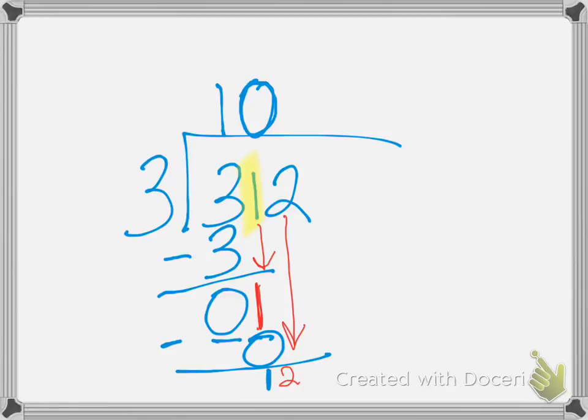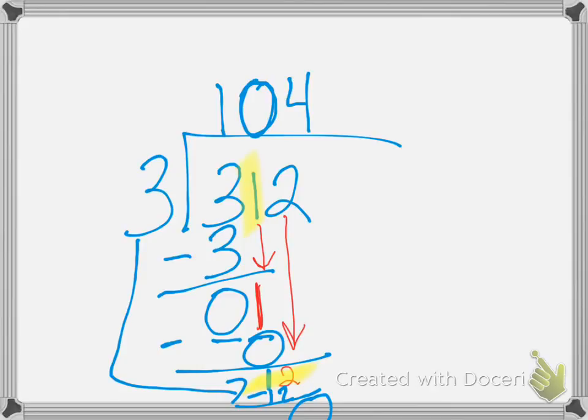So that means I have to ask myself, how many times does 3 go into 12? And we know it goes in there 4 times, because 3 times 4 is 12. 12 minus 12 is 0. And once we have the big 0, we know that we do not have a remainder.